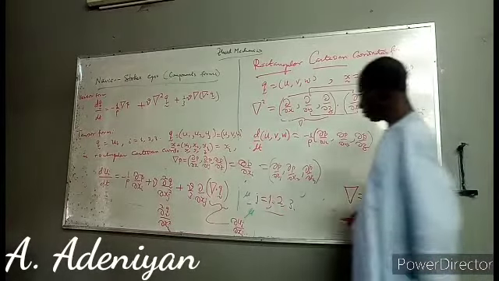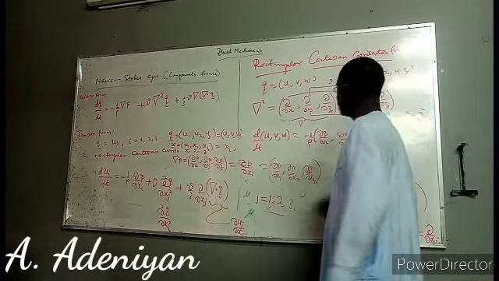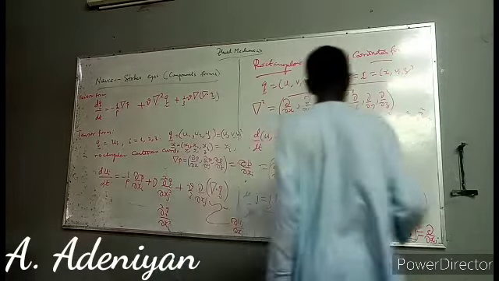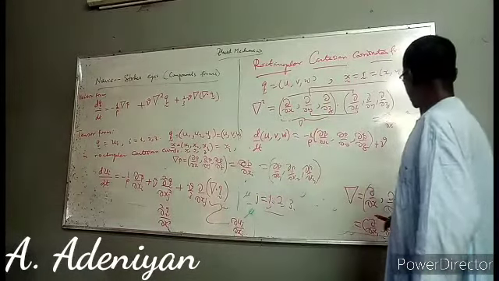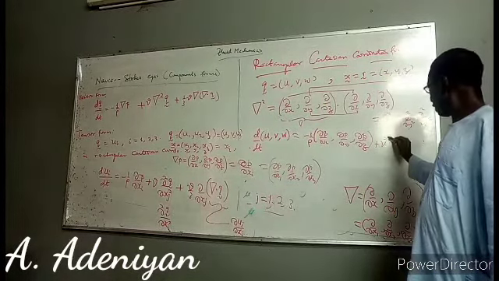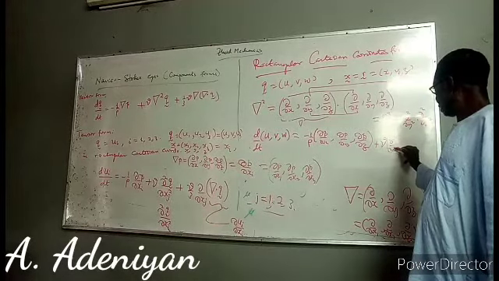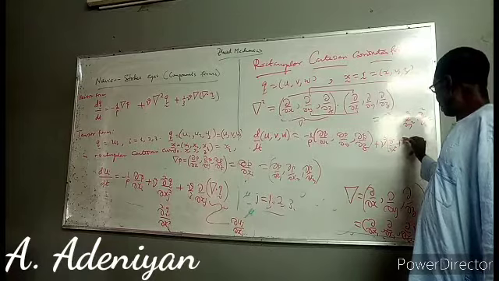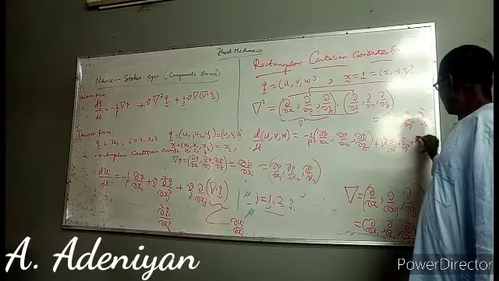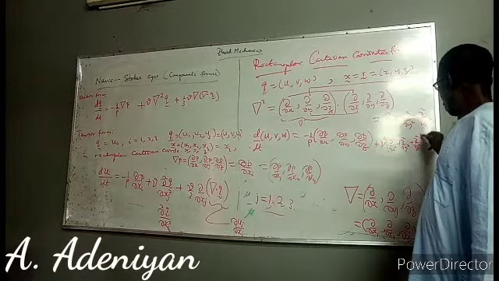Then I'm now left with this one. Del squared has been established earlier. This is del squared, so just put it here. That is ∂²/∂x² plus ∂²/∂y² plus ∂²/∂z², of what?